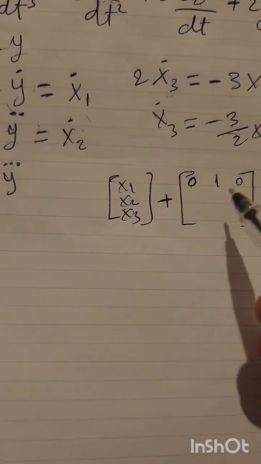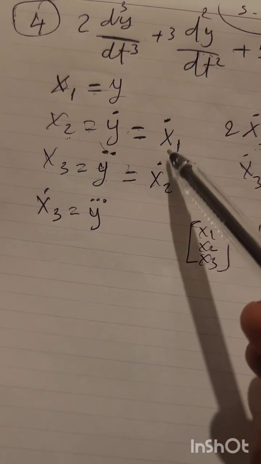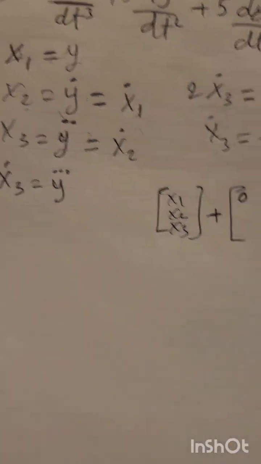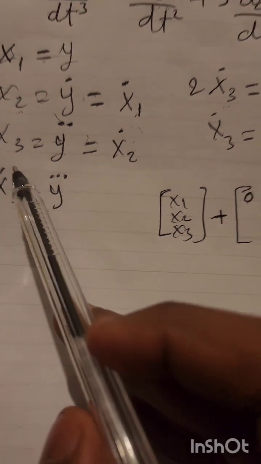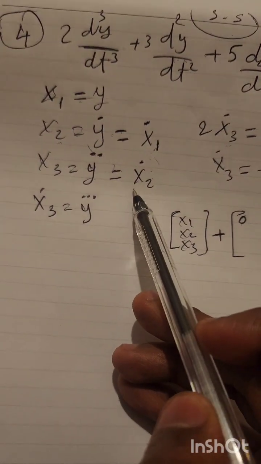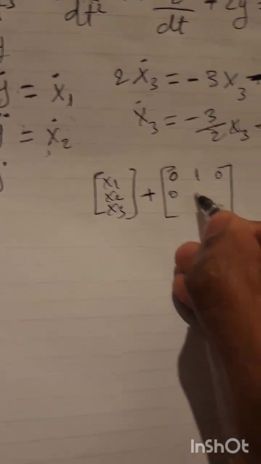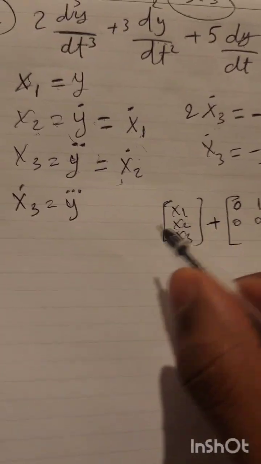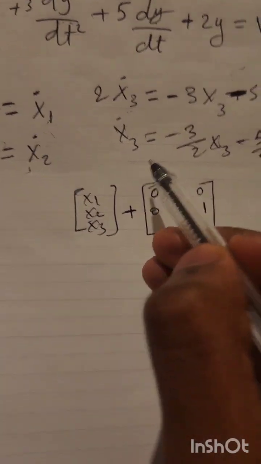So we have here x1, x2, x3, and it's 1 from the first derivative of x1 is equal to x2. So we have also the first derivative of x2 is equal to x3. So we have 0, 0, 1 again.